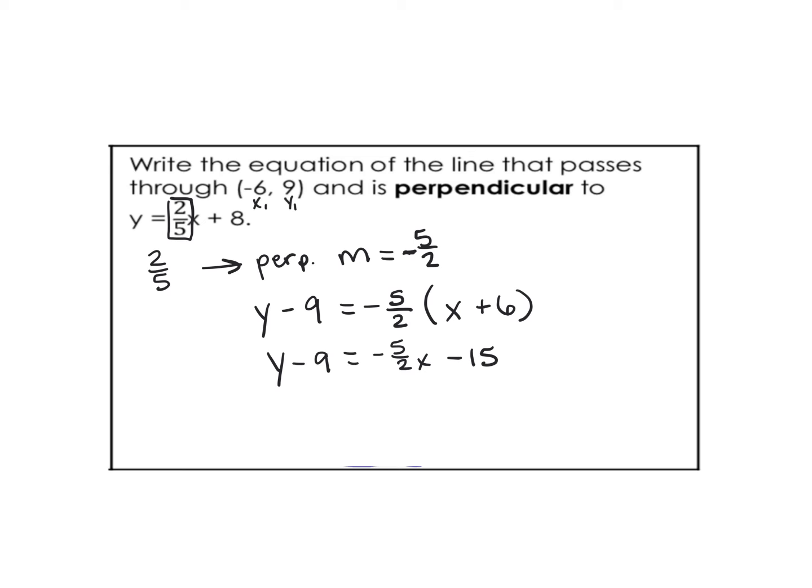And then the last thing we do is add 9. So we end up with y equals -5/2 x minus 6. And if we were to graph this line, it would be perpendicular to the original line.